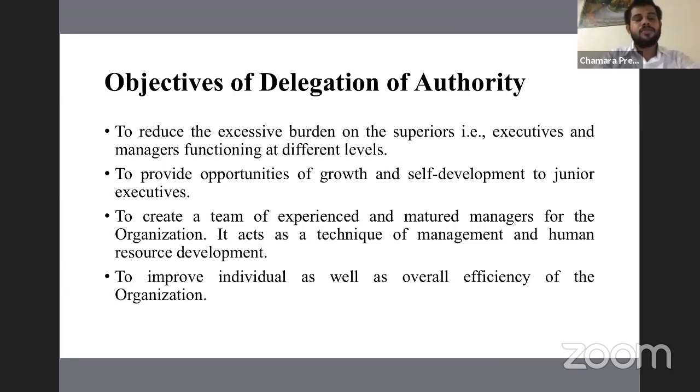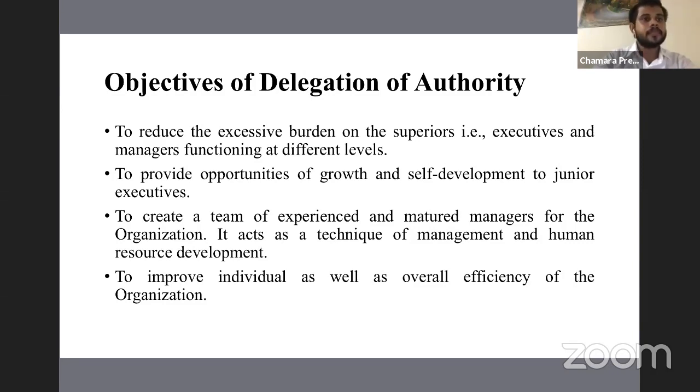By doing this, we can reduce the excessive burden on superiors. If managers keep all these authorities and responsibilities themselves, it's difficult for them to function. Therefore they can pass some of these responsibilities and authorities to the subordinates.